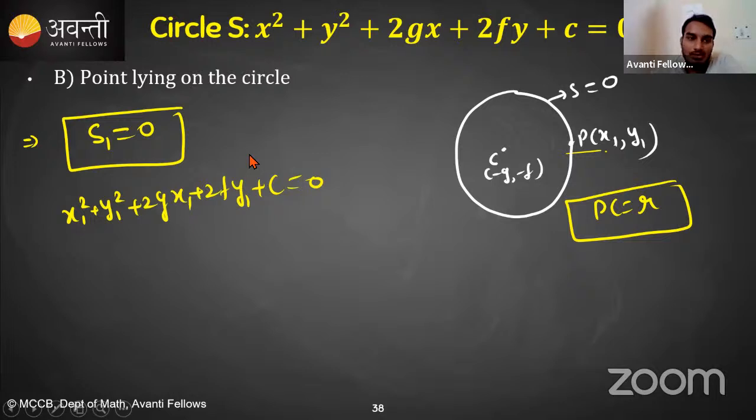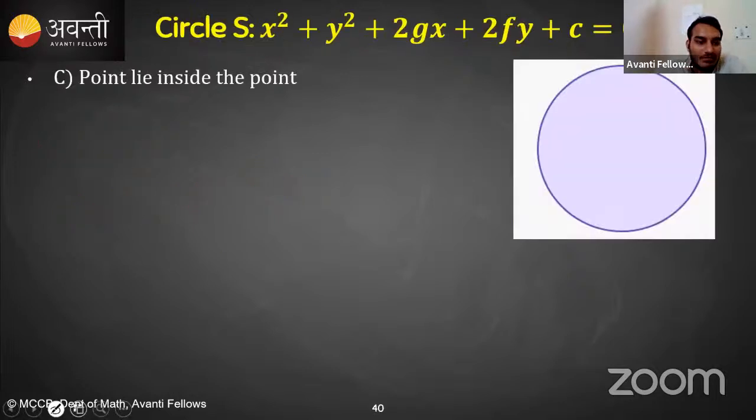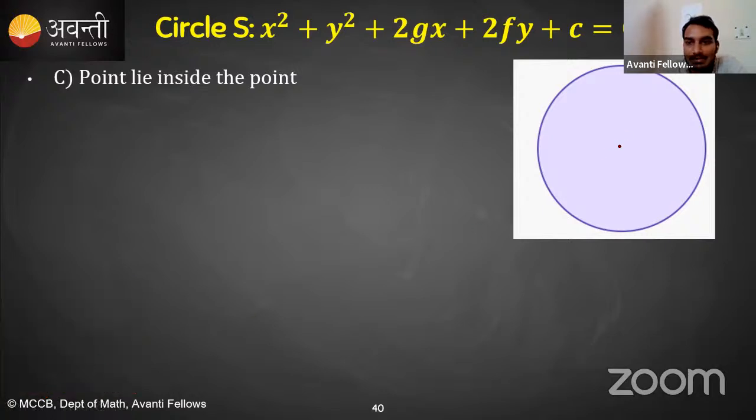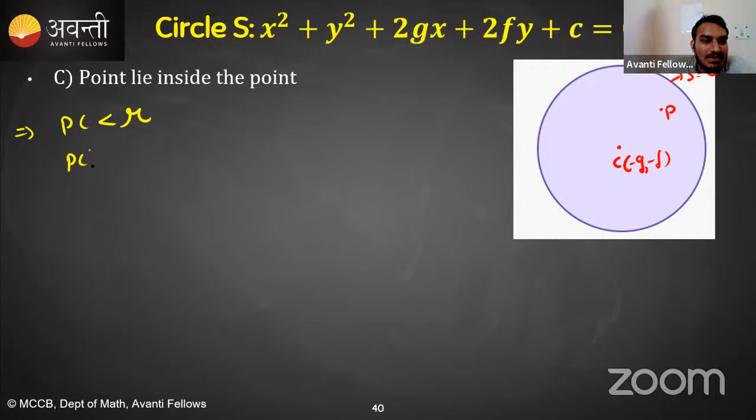Similarly, students, if the point P is lying inside the circle, let's say this is the circle with the center C, minus g comma minus f. This is the circle S is equal to 0. And let's say somewhere here is the point P inside the circle. So straight ahead, you can say that PC is less than R, so PC square is less than R square.